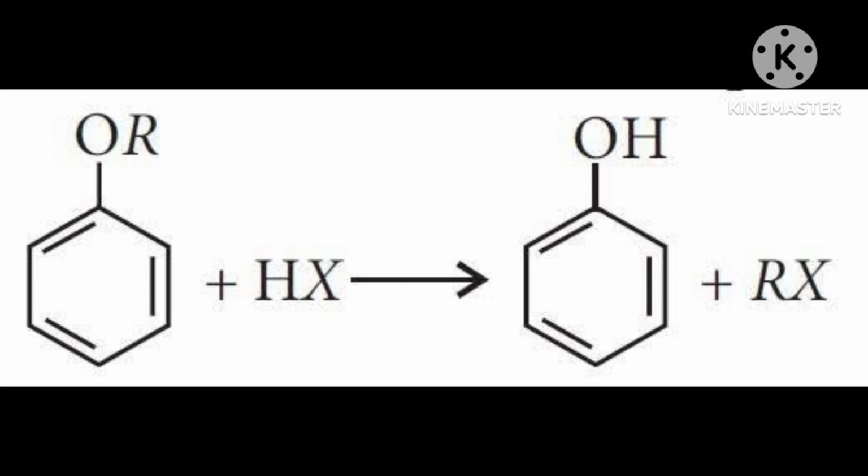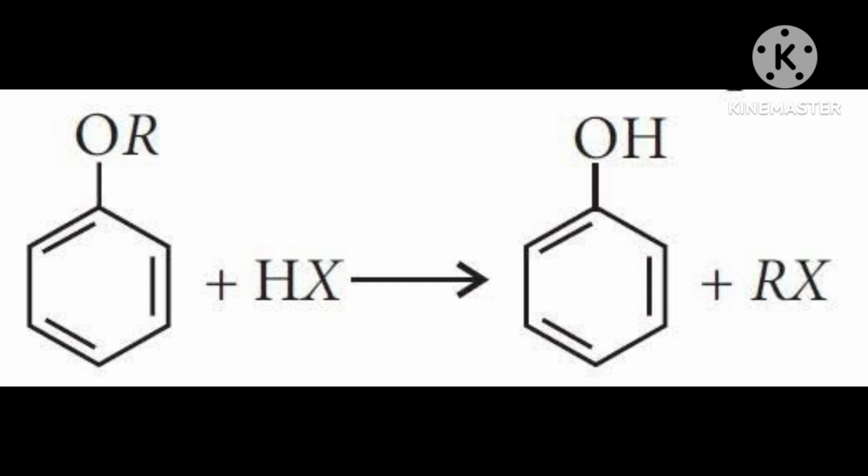Suppose there is an ether with a phenyl group on one side and a methyl group on the other, and hydrogen comes near the O. This oxonium ion is formed.